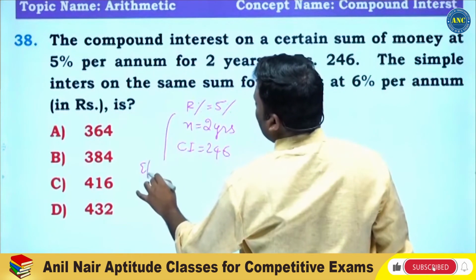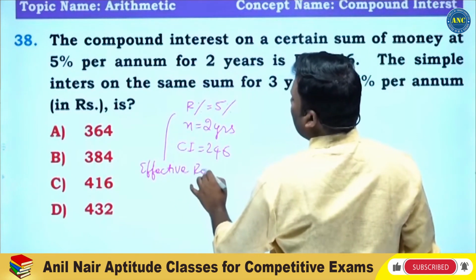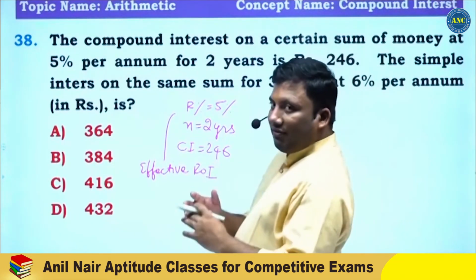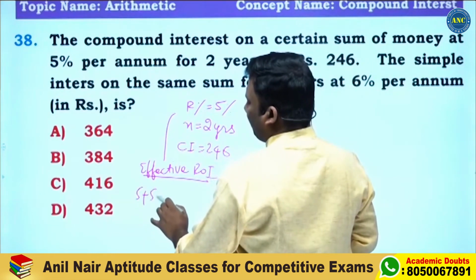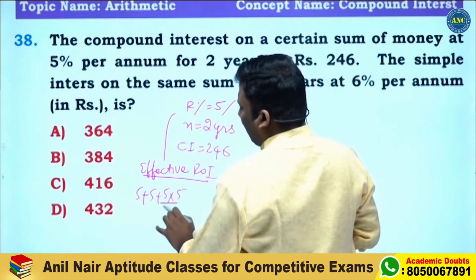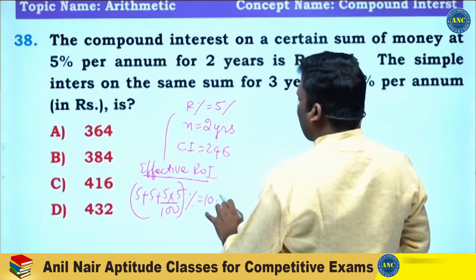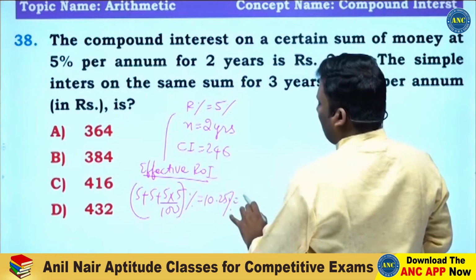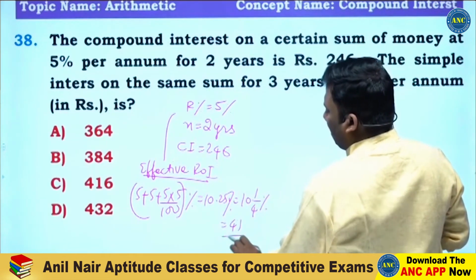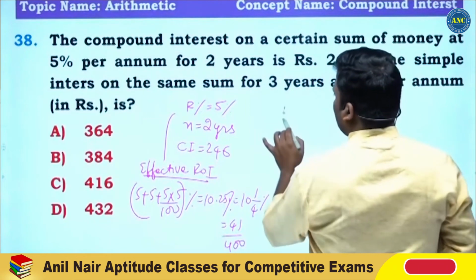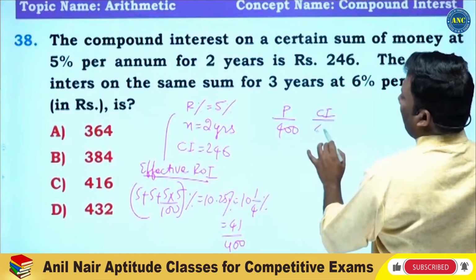Effective rate of interest will be 5% for 2 years. 5% for 2 years will be 5 plus 5 plus 5 into 5 by 100, which will be 10.25%, which is 10 1 by 4%, which is 41 by 400. That means if the principal is 400, CI will be 41.